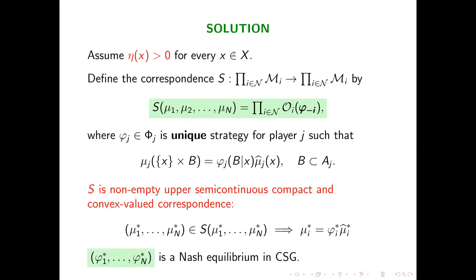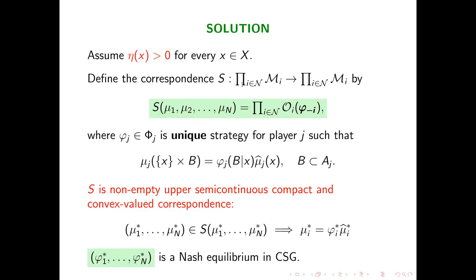And now the solution is as follows. So first, we assume that the initial distribution is such that each state is chosen with positive probability, and we define the correspondence S from the product set of Mi into the same set as follows.